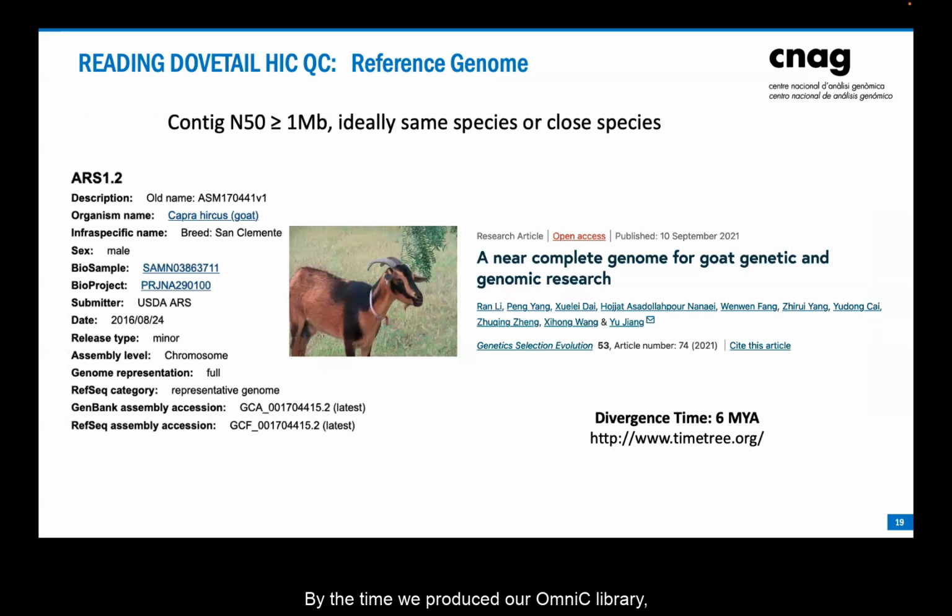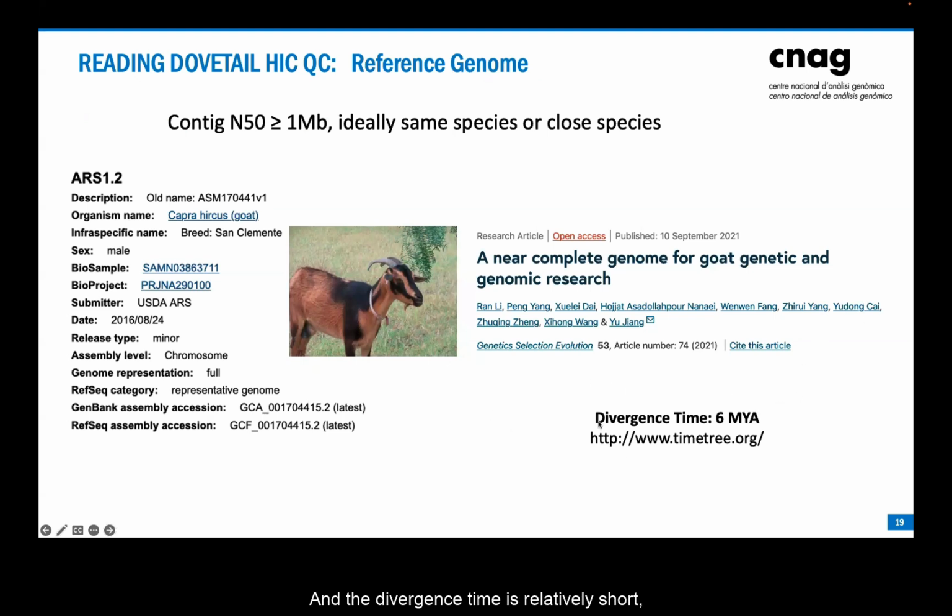By the time we produced our OmniC library for QC, we didn't have a reference yet. The HiFi reads were not ready. So we decided to use the domestic goat chromosome level assembly. That was one of the first domestic animals to have a chromosome level assembly.